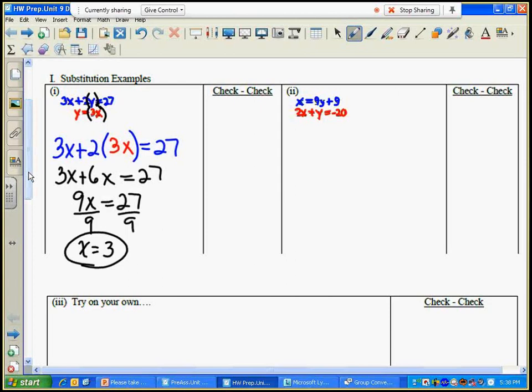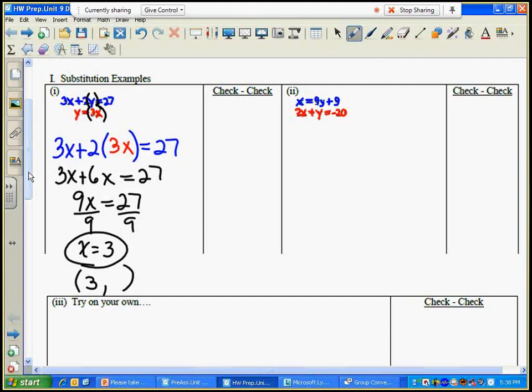That gives us one part of the ordered pair that we're looking for. So remember, we're looking for the point where those two lines are going to cross. We know that x needs to be 3. Well, to figure out what the other one is, you sub and solve again.